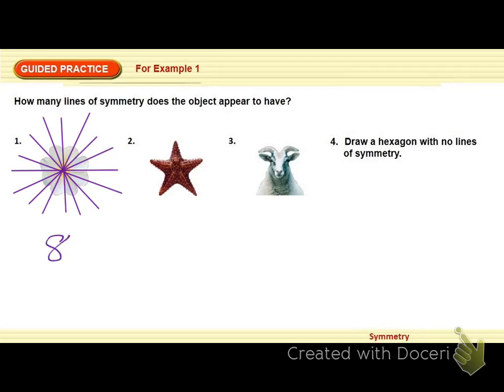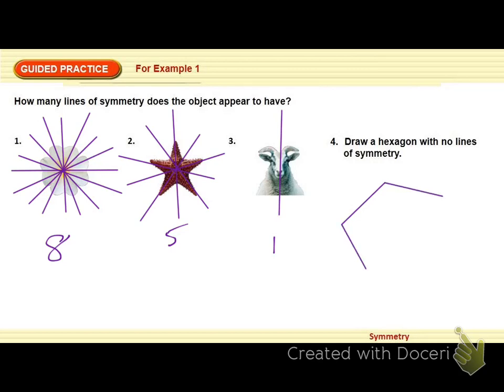The starfish, you can go through each of the legs. So this guy's got 5 lines of symmetry. And then the ram here, you can just kind of split it down its head. So this guy has 1 line of symmetry. And then over here, draw a hexagon that doesn't have any lines of symmetry. Well, that'd be a pentagon.